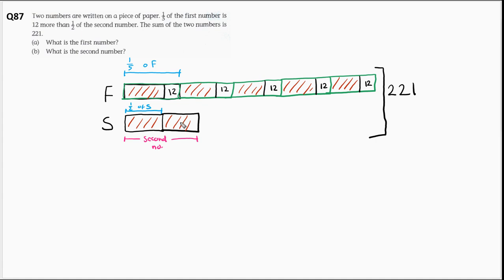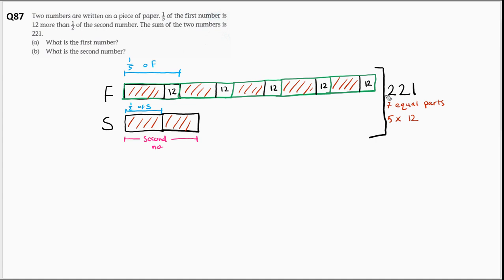Well, that's 1, 2, 3, 4, 5, 6, 7 equal parts. Okay. And 1, 2, 3, 4, 5, 5 times 12.